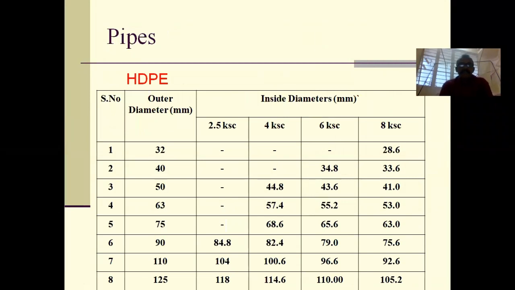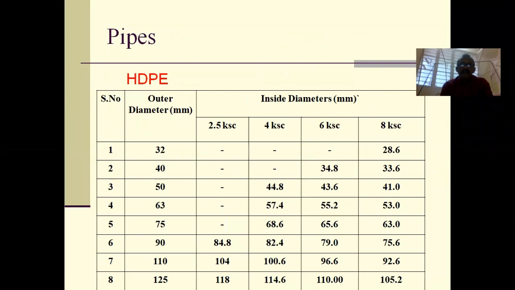This table gives you an idea about the diameters of the pipes and the pressure ratings with which the pipes are available in the market. See here, the pipe diameter varies from 32 millimeters to 125 millimeters. And the pressure ratings that are available in the market vary from 2.5 kilogram per square centimeter to 8 kilogram per square centimeter.